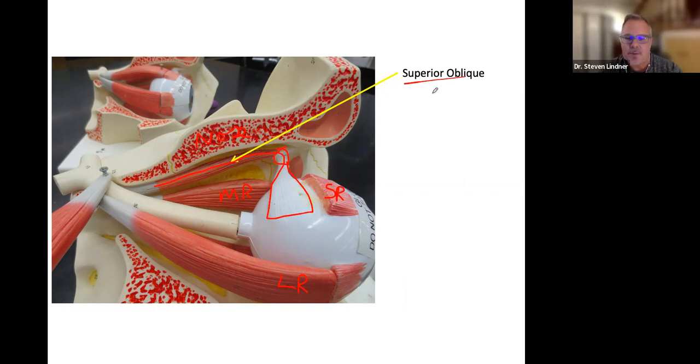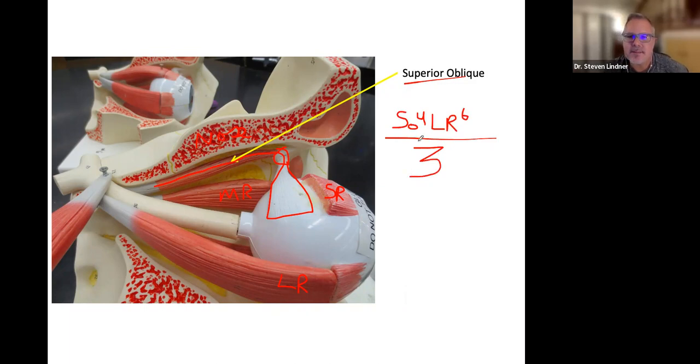And for the superior oblique, there's a little mnemonic that I call SO4, LR6, all over 3.